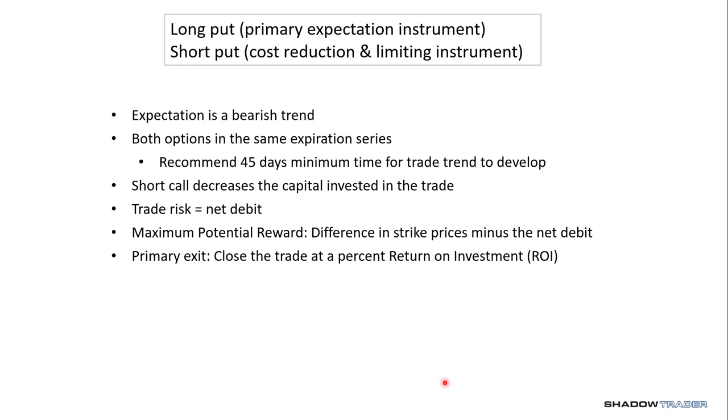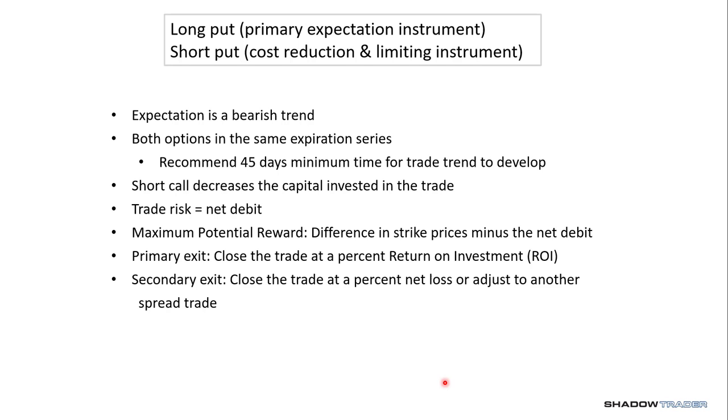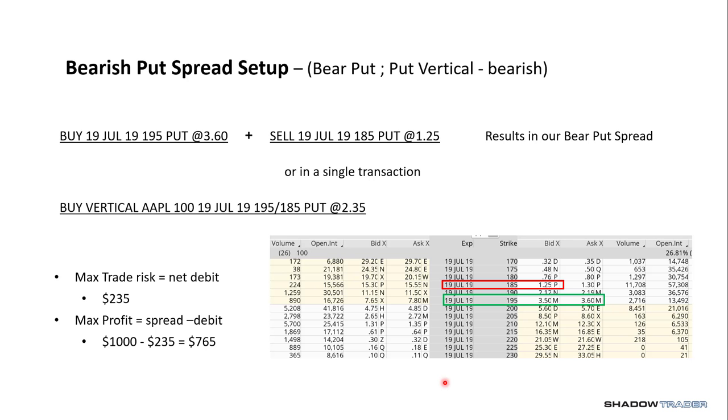The primary exit, close this at a percent return. Secondary, close the trade at a percent net loss or adjust into another type of spread trade. So let's go through it. Once again, I buy a 195 put and I pay $3.60. I also sell a 185, a $10 difference, at $1.25.